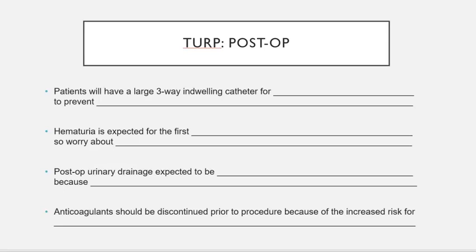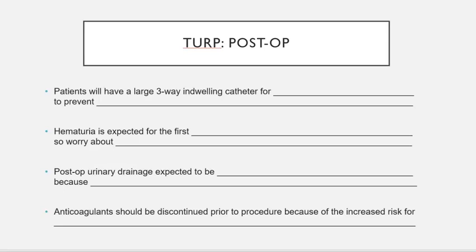Post-op care for patients having a TURP. This was the resection of the prostate, the surgical removal of the tissue. These patients in the post-op phase will have a large 3-way indwelling catheter for irrigation to prevent clots. Hematuria is expected for the first 24 to 36 hours post-op.